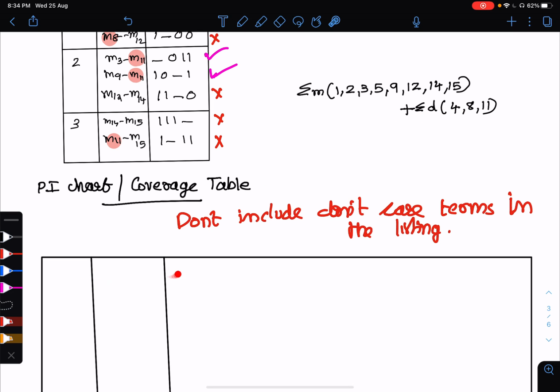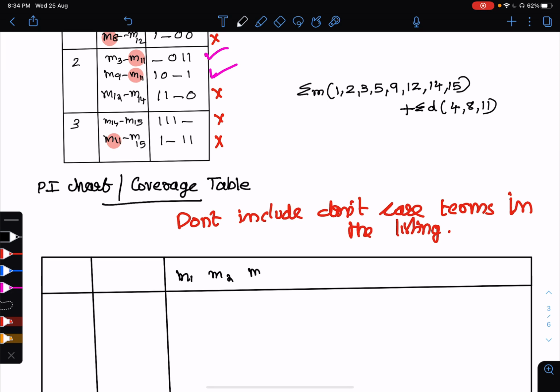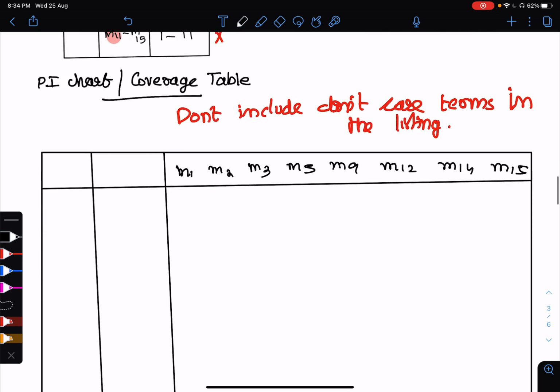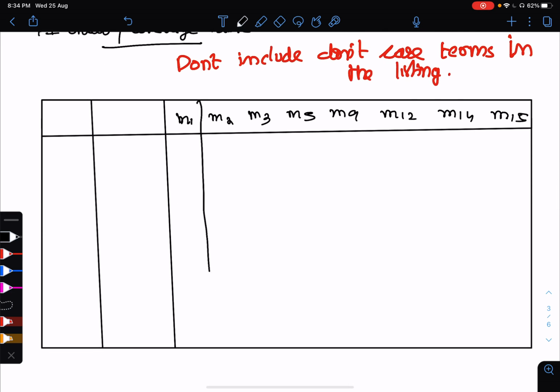While listing in the PI chart, don't include the don't care min terms, only include these. So we can include M1 there, M2 there, no problem, M3, M5, M9, M12, M14, M15. Don't add don't care terms. That is why I wrote it here.